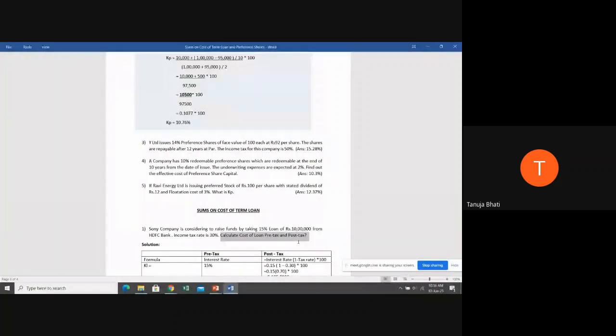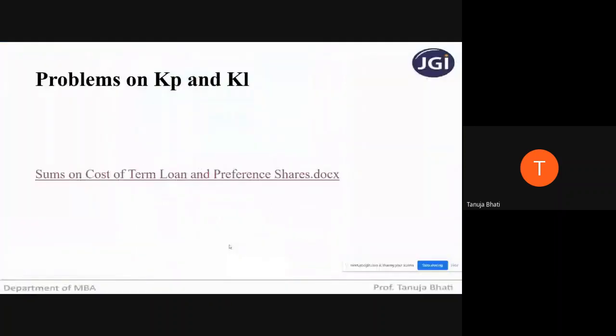So what is the formula for pre-tax? Nothing but the interest rate. So can you tell me, what is the cost of loan pre-tax? When I say 15% loan, it means the rate of interest on the loan is 15%.